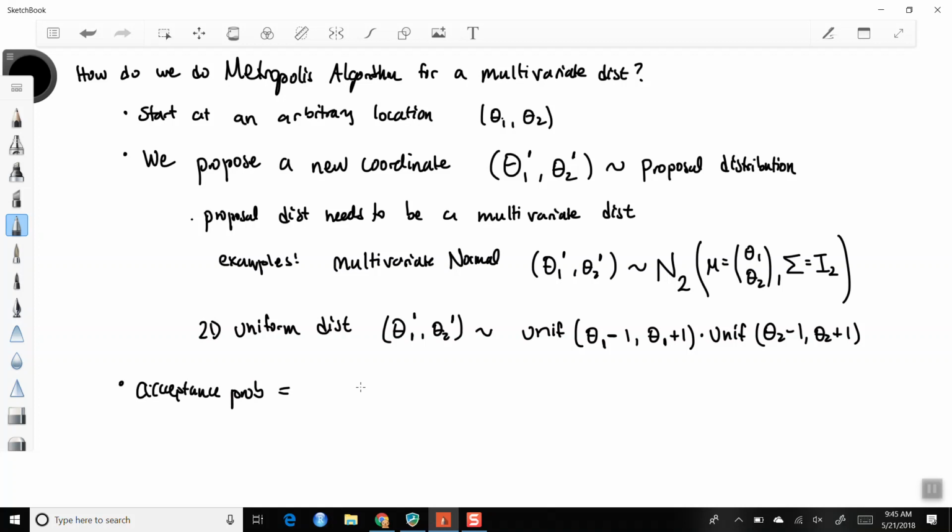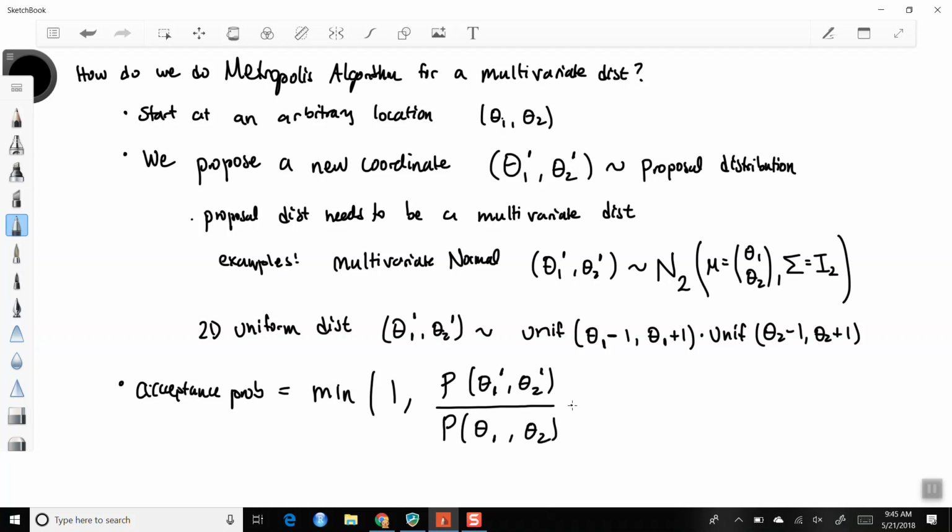It's exactly what you think. If you know the Metropolis algorithm, it's going to be exactly that. It's going to be the minimum between 1 and the probability of your proposed value divided by the probability of your current value.